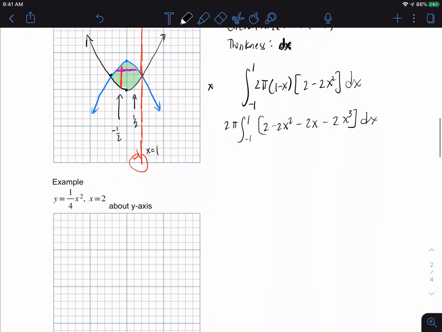Okay, so then when I integrate this, I'm going to go 2 pi times 2x minus 2x cubed over 3 minus 2x squared over 2 minus 2x to the 4th over 4, and evaluate it from -1 to 1.